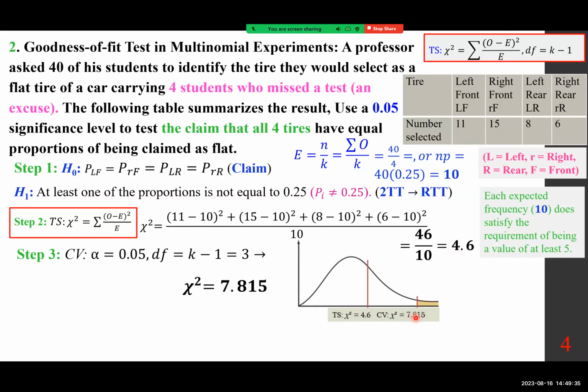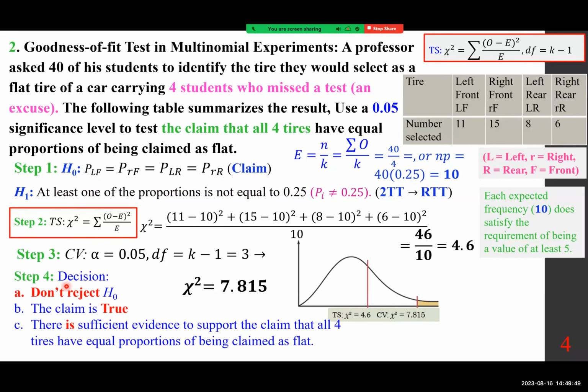The tail starts from 7.815 and goes to infinity. This is in a non-rejection region. You fail to reject H0, that means you don't reject the claim. The claim is true. There is sufficient evidence to support the claim that all 4 tires have equal proportions of being claimed as flat.